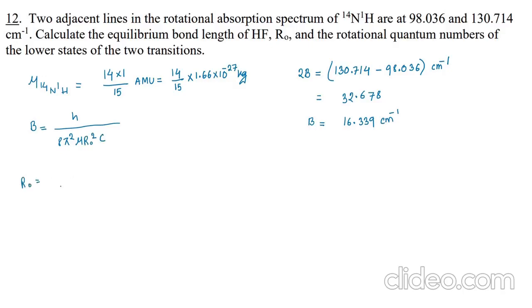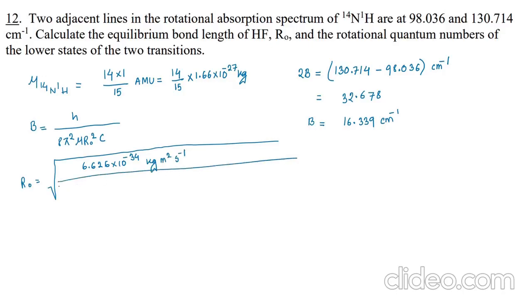So again we know the equation, and your R naught is the square root of 6.626 into 10 to the power minus 34 kg meter square second minus 1, and in the denominator it is going to be 8 into 3.14 square, then 14 by 15 into 1.66 into 10 to the power minus 27 kilograms, and then your B value is going to be 16.339 centimeter inverse, and then the velocity of light in centimeters per second.